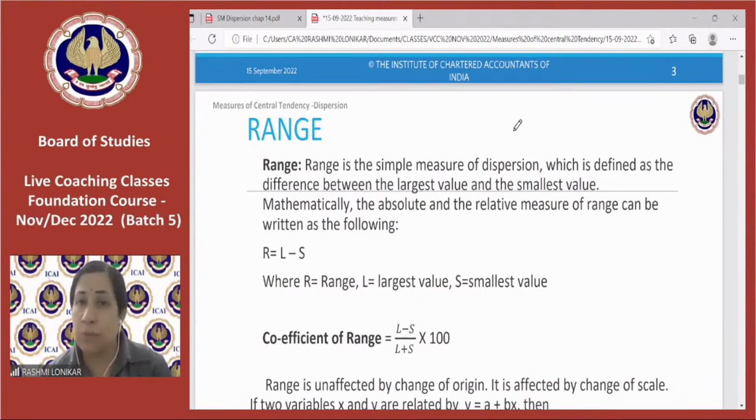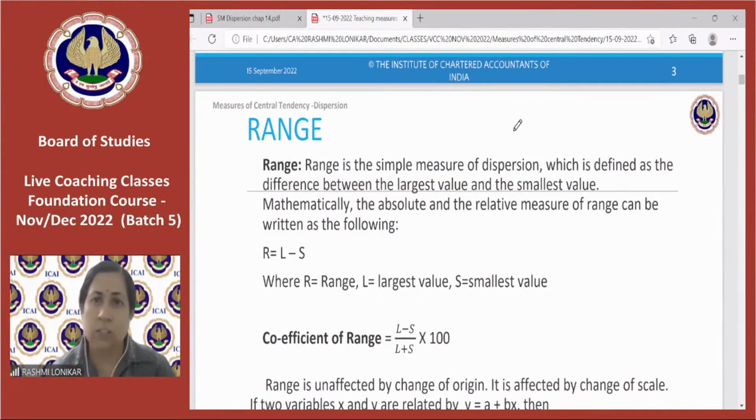For example, when your teacher gives you marks for a subject, maybe accounts, she has to know how the students did. She will tell you the marks in accounts are ranging from 40 to 100.